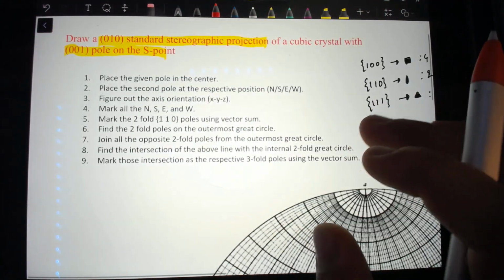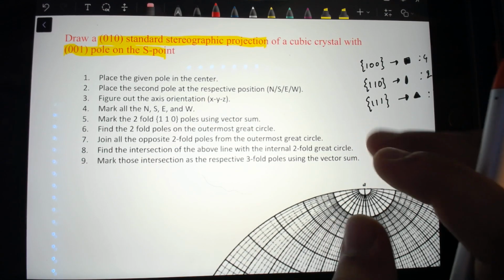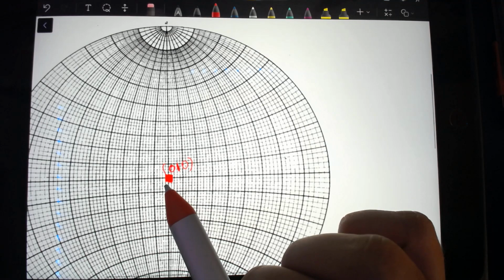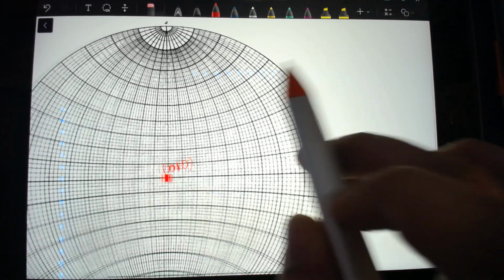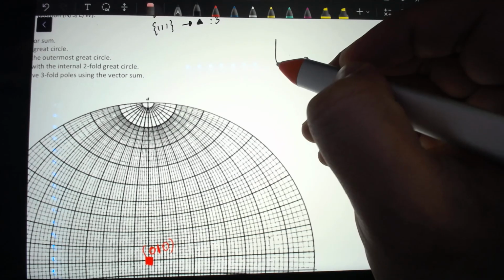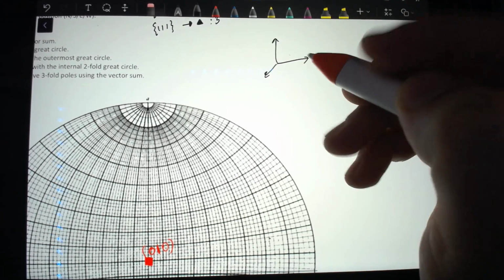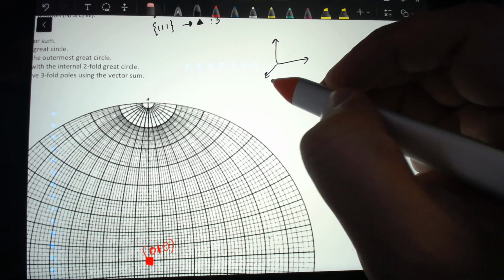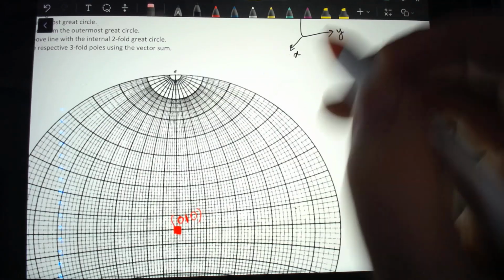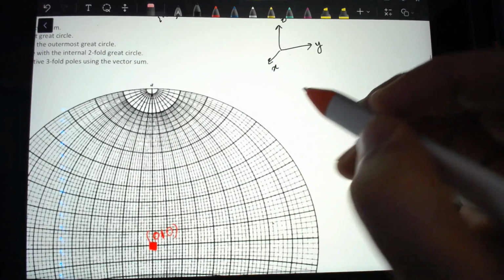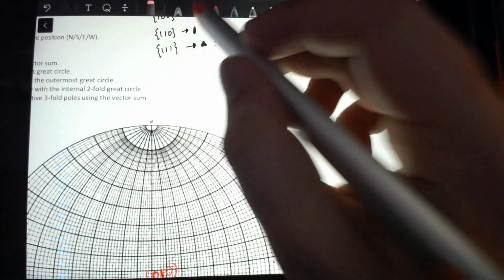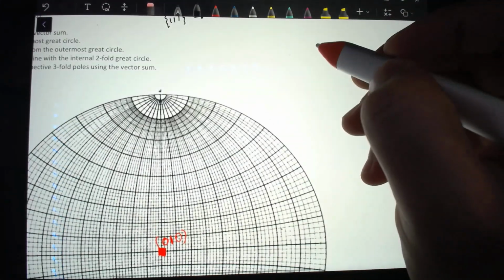Now the third step is to find the axis orientation. So let's figure it out. The one at the very center is the axis that points outward. So if I draw the XYZ orthonormal axes, actually let's draw the outward one first.